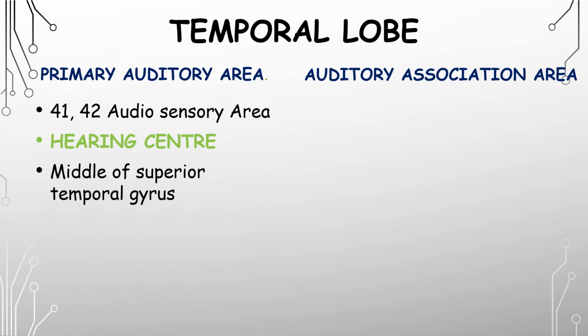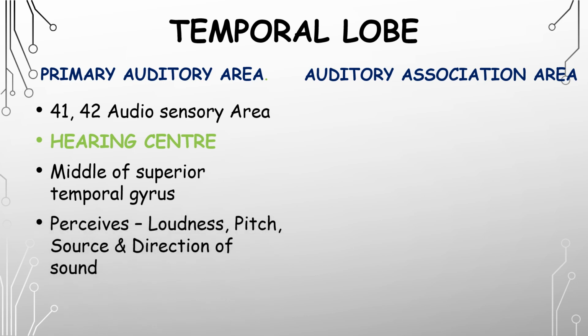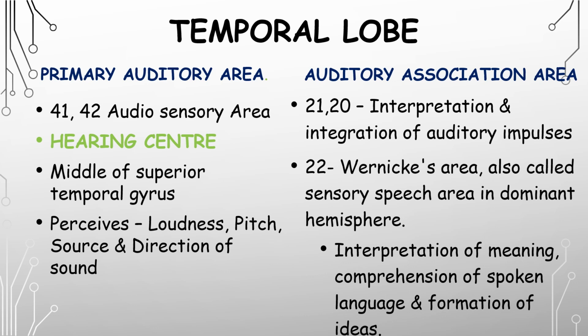It is present in the middle of the superior temporal gyrus. It perceives the loudness, pitch, source, and the direction of the sound. The auditory association area corresponds to Brodmann's areas 21, 20, and 22.